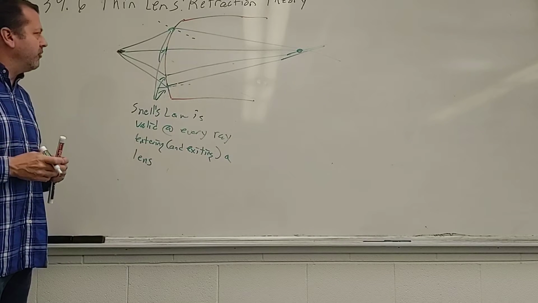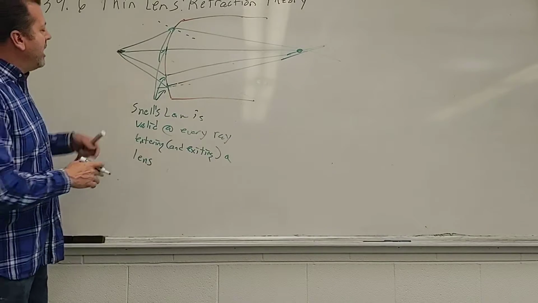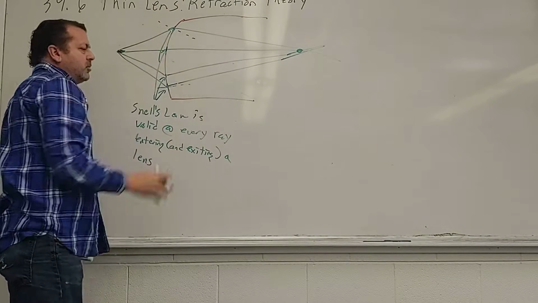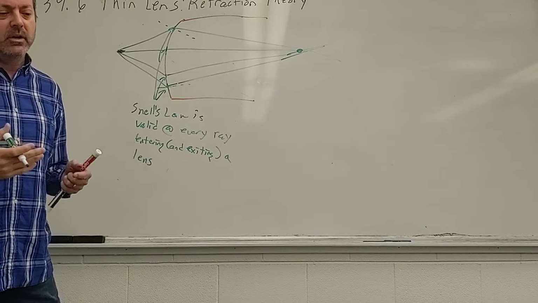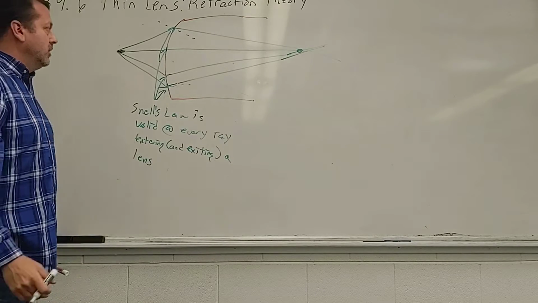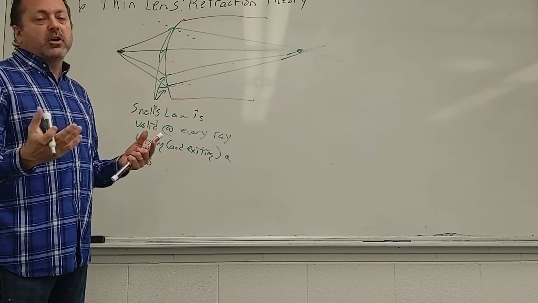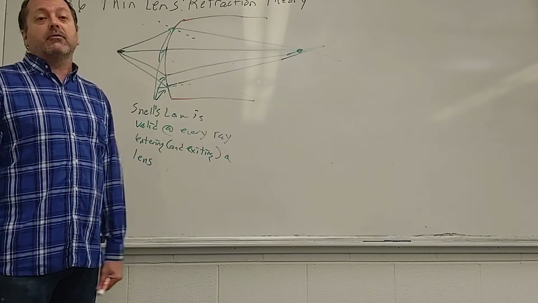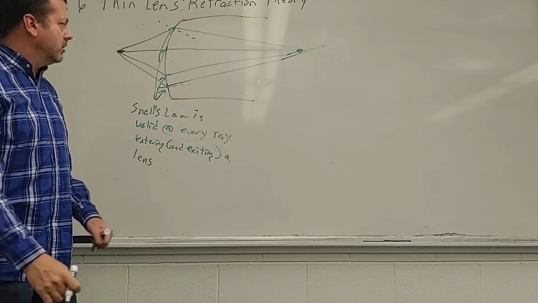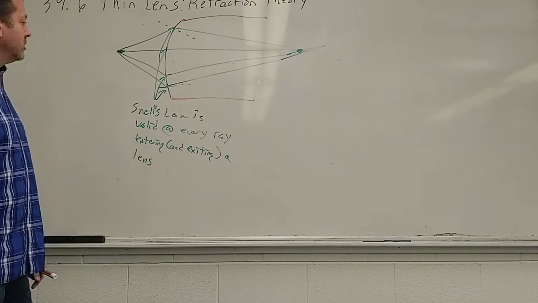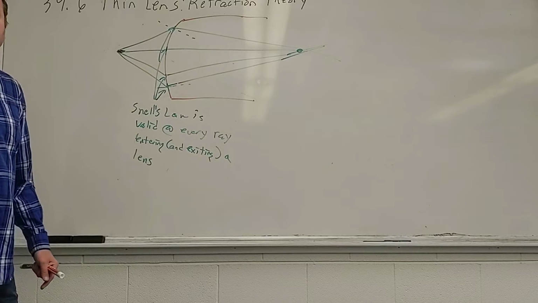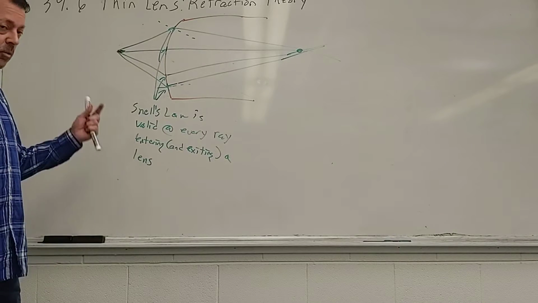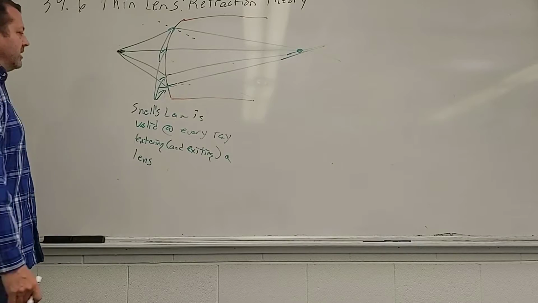But what I want you to get from this is that when you have an interface between two different mediums, it could be water to your eyes, water to air, water to glass. You could fill your binoculars with water and they'll form an image at a different spot. You might have to hold them out further. Okay? If they even form an image. At each interface, Snell's law is valid: n1 sine theta 1 equals n2 sine theta 2.